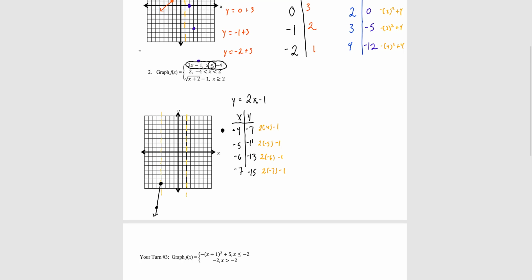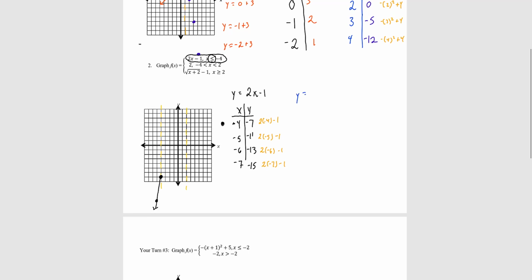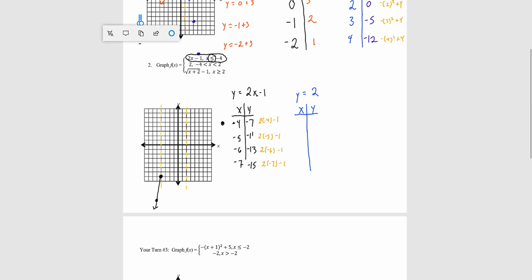There we go. All right, and then I'm going to use a different color for that middle function. That's not required, but it's just helpful. The middle function is just y equals 2. And this one has a restricted domain from -4 to +2. So we could actually plot all of these points.